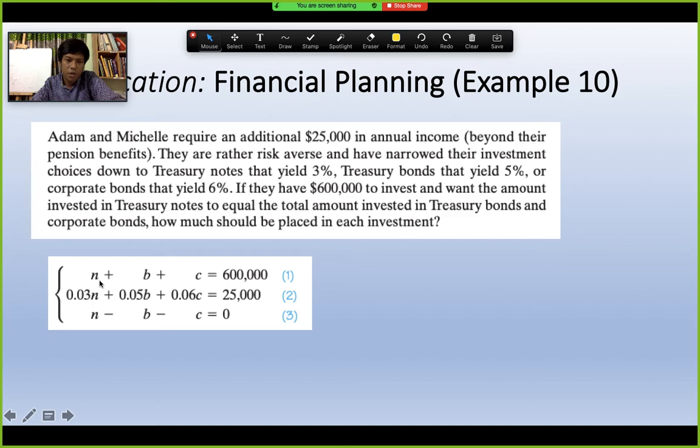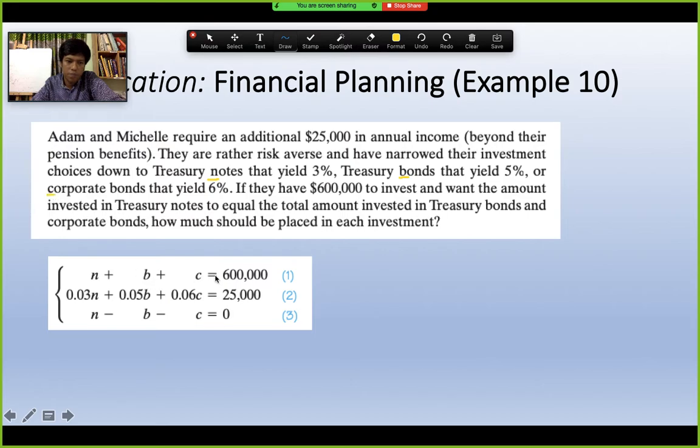So you see, we can narrow it down by taking some variables here. This N, B, C represent: N is treasury notes, then bond is B, and corporate bond is C.